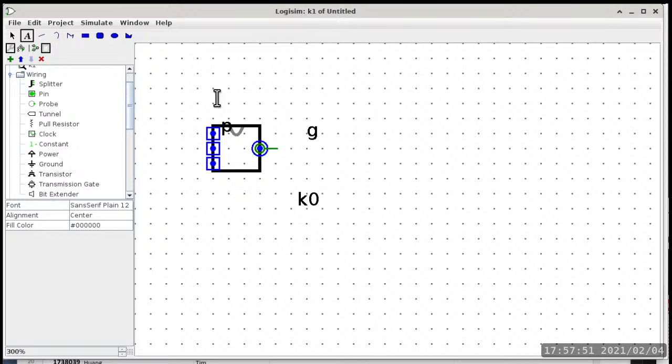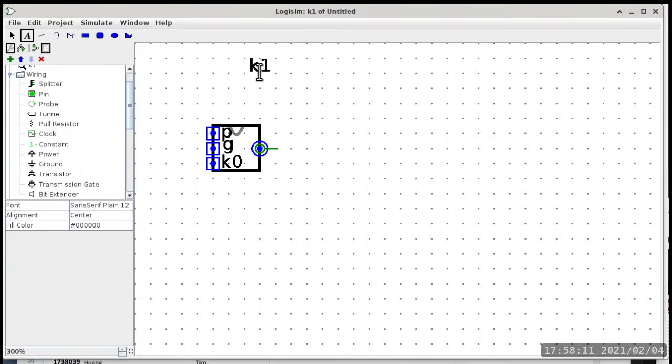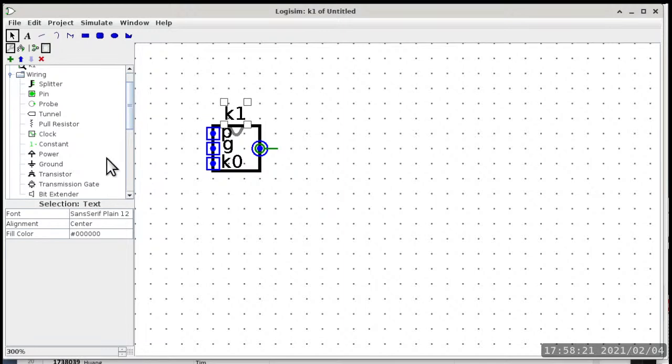You can always drag them into the right place if you cannot put all of these labels at the right place when you first use the text tool. The space is really cramped here because the design is really small and has a small outline, but it's not a big deal. And then I use K1 as the overall name of the subcircuit. That should be good.